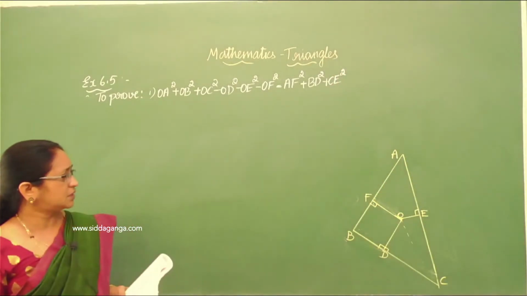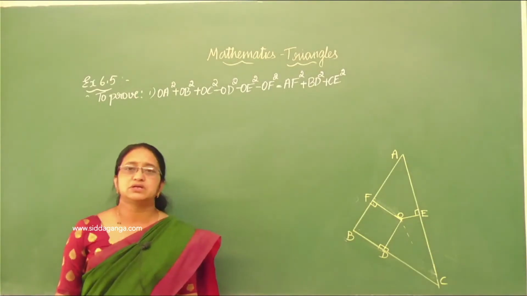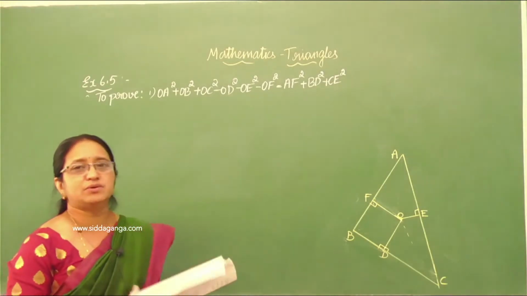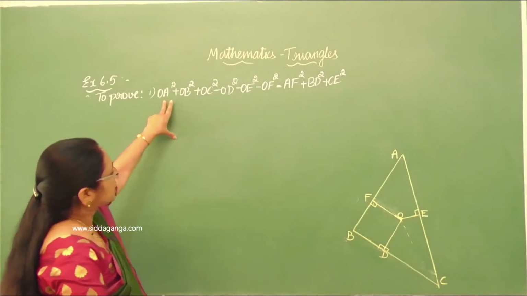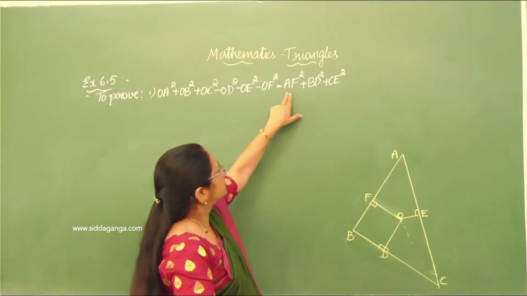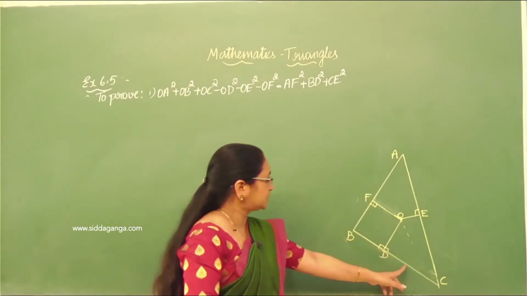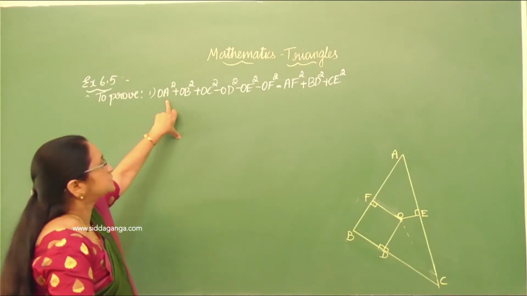Okay. Now, to proceed, actually we need to construct. How will we come to know that we have to construct? Just observe here. AF square is here. BD square is here. CE square, you can get it. But OA square, see, where is OA square?